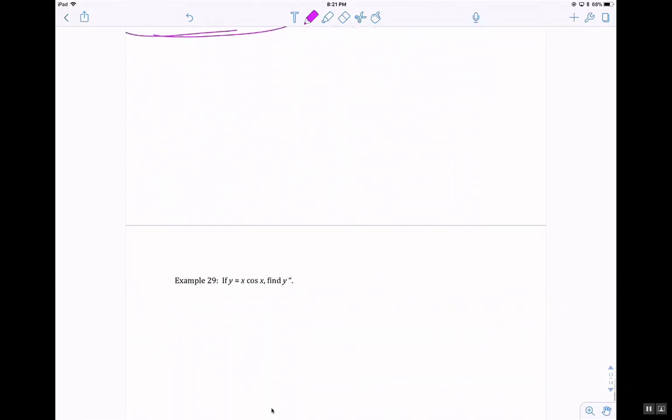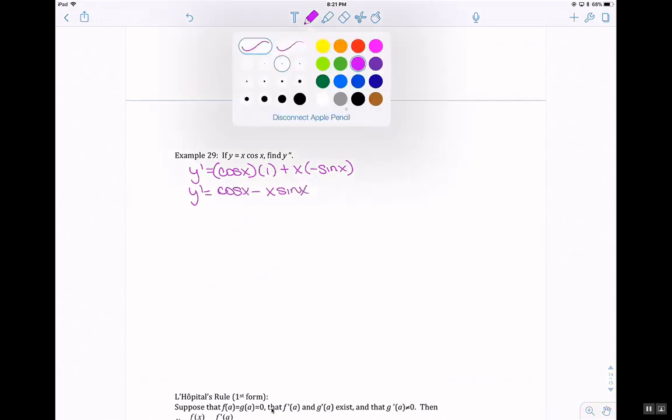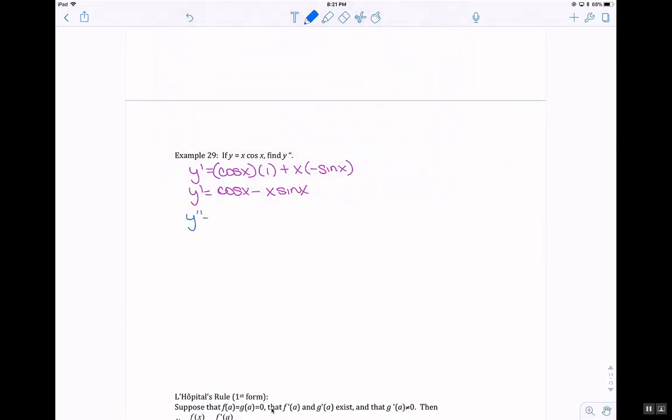So example 29, find the second derivative, so y double prime. So first let's find y prime. Product rule: the first times the derivative of the second, which is cosine of x, plus the second times the derivative of the first. So y prime is cosine of x minus x sine of x. Take the derivative one more time, so y double prime. Cosine derivative is negative sine.